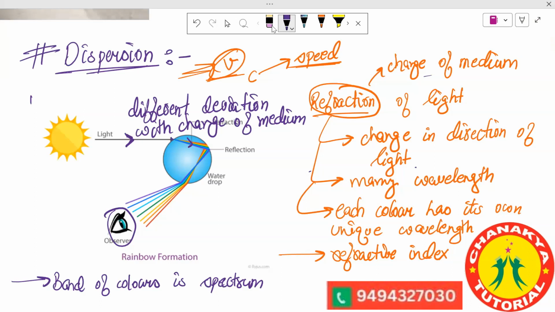After reflection, there is no change in direction. You are saying why there is a change in direction. No, sir. After reflection, there's a point where all the colors are changed. Yes, sir. Okay, you are saying about this point. We need to discuss more about this.